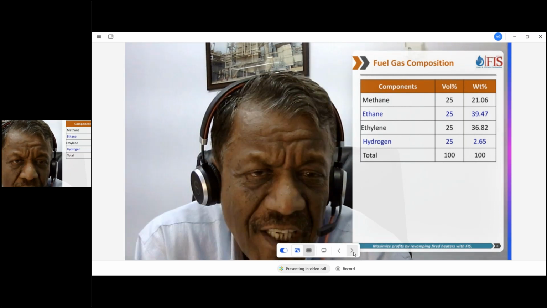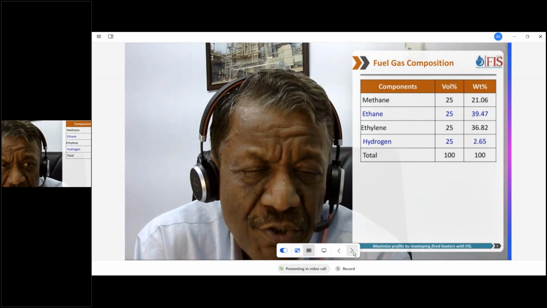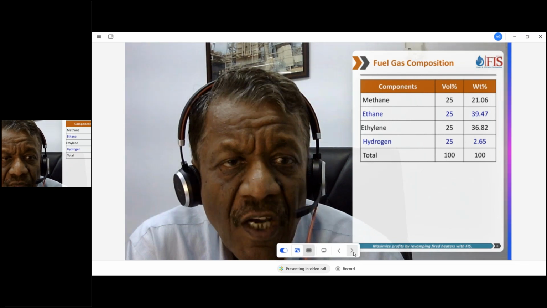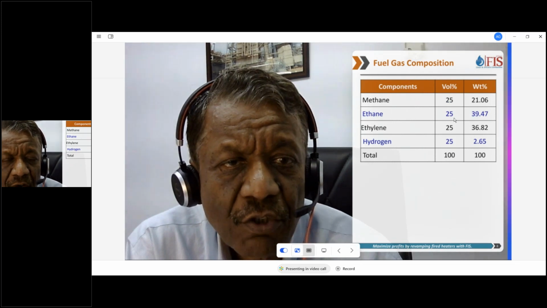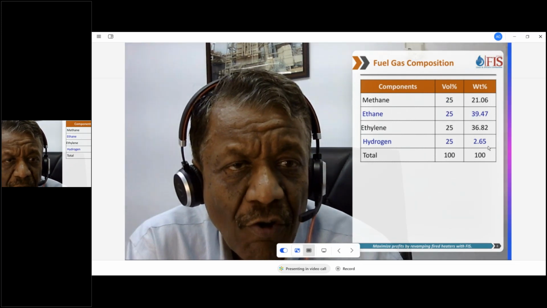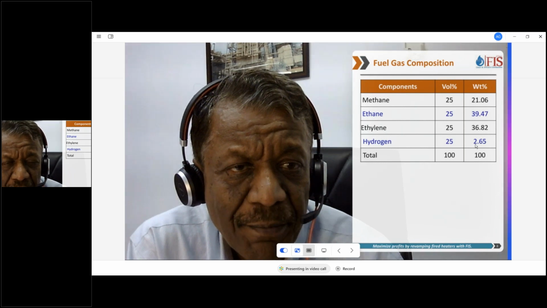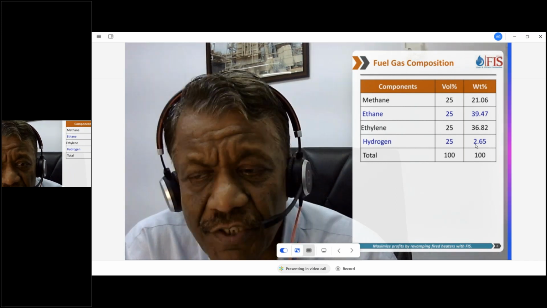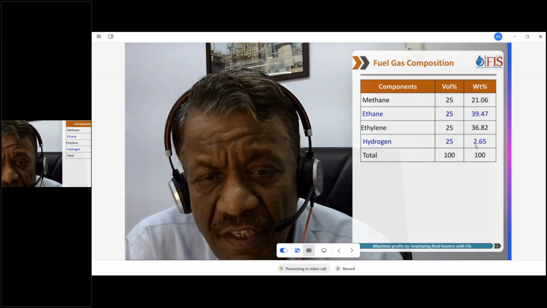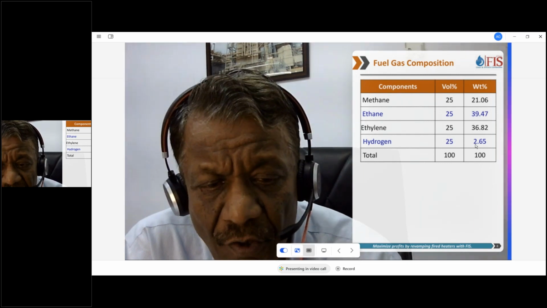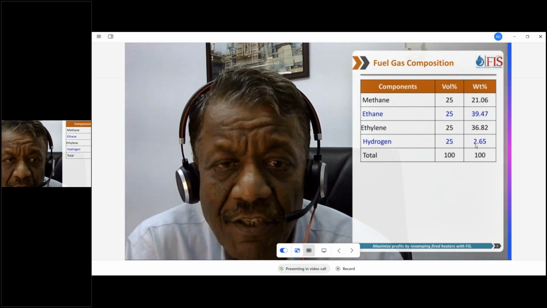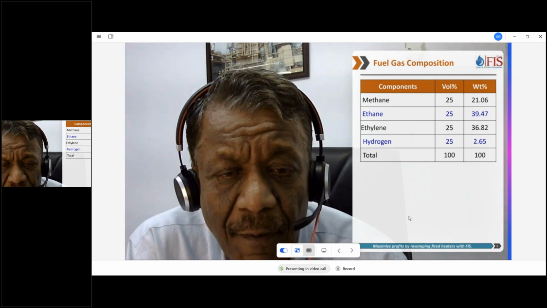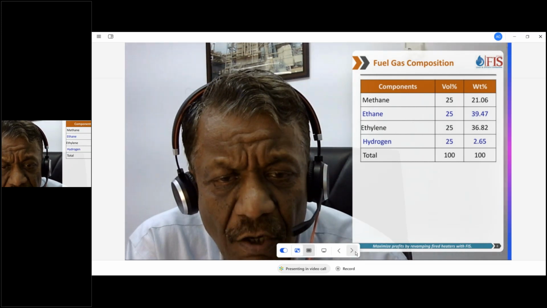And then I put 25% hydrogen. So basically you can see, even though the hydrogen is 25% by volume, by weight, it is only 3%. So you can see hydrogen is a very unusual fuel, and as people are talking about hydrogen, you've already started seeing that a lot of unique things will be happening.